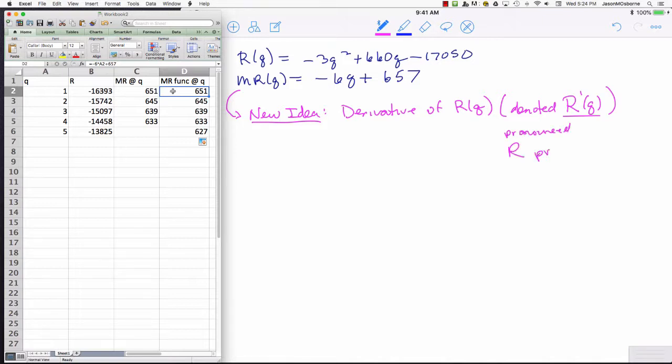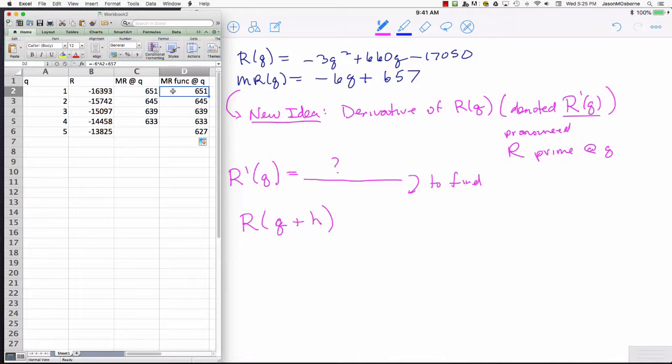R prime at Q. Okay. What is R prime at Q? How do you find it? Okay. The steps to compute it, to find it, what you need to do is to expand our thinking beyond the marginal idea and expand on the revenue, right?